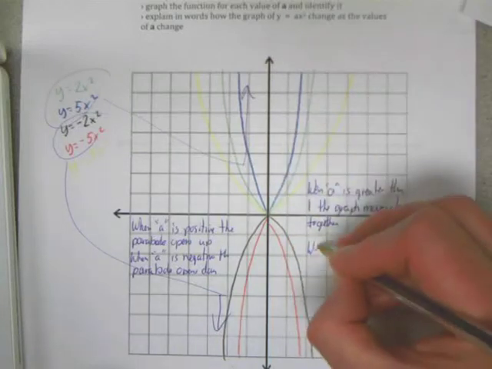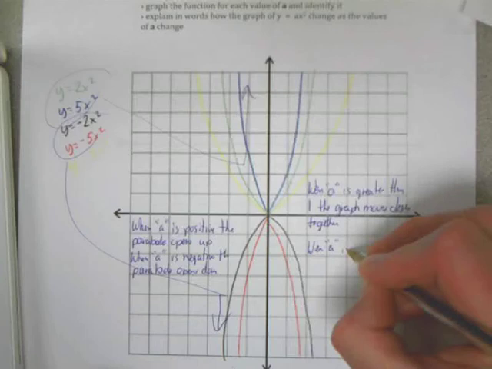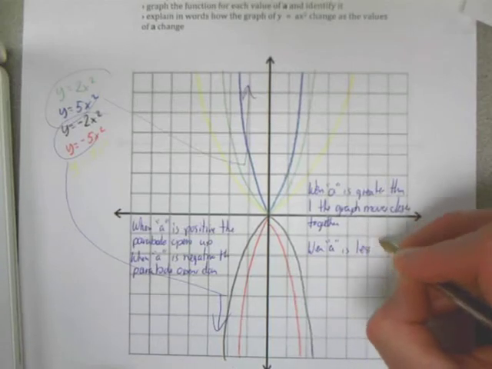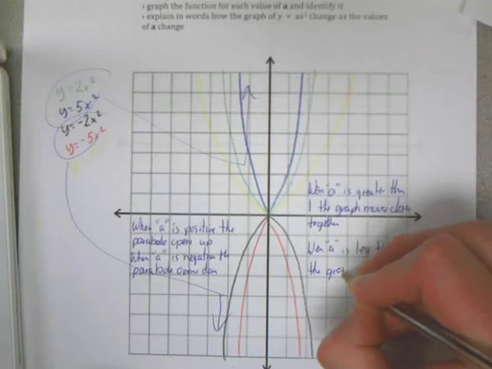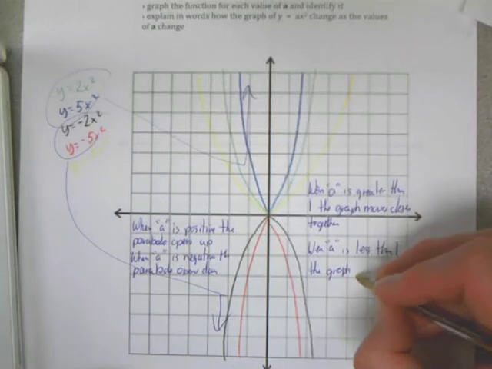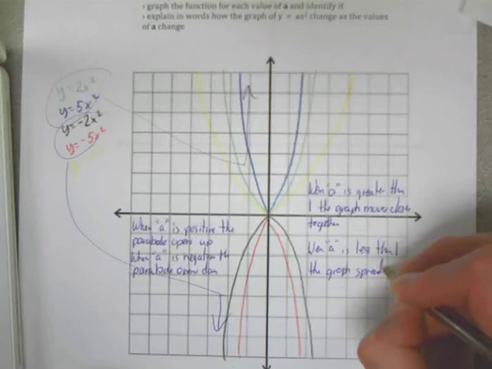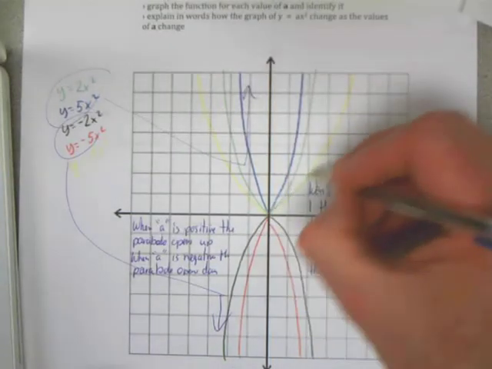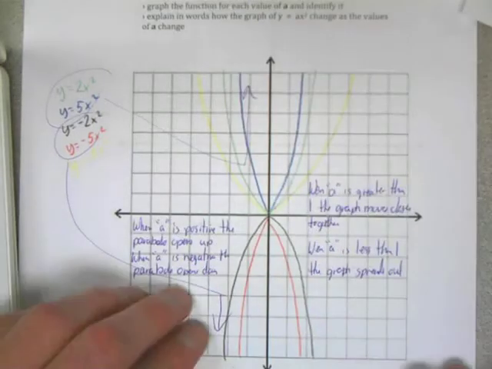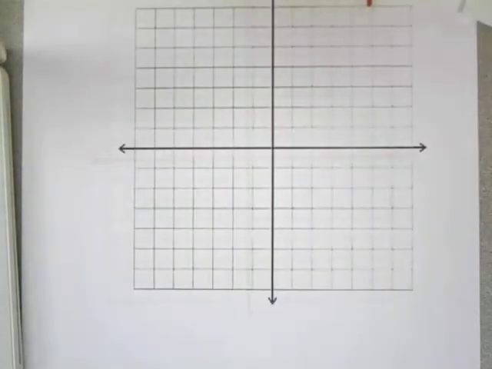And when a is less than 1, the graph spreads out. So I went to 0.5, and you see how with 0.5 it comes out further. Okay? So that's that one.